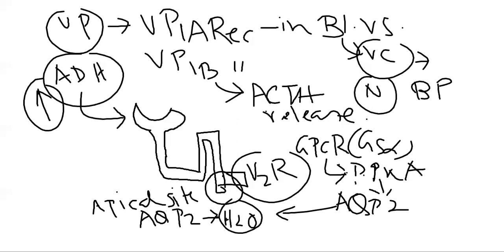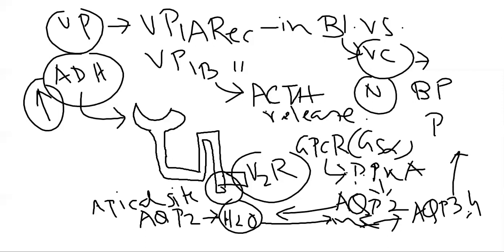channel from the apical site, and this water will come into the medullary interstitium with the help of aquaporin 3 and 4. So aquaporin 3 and 4 channels are present at the basolateral site of the collecting duct.